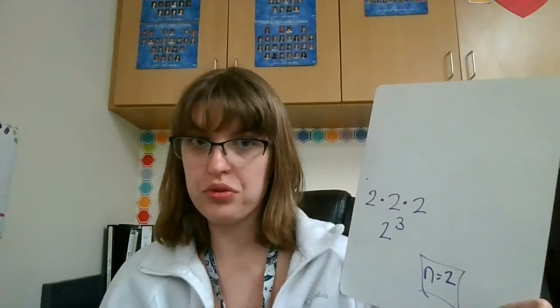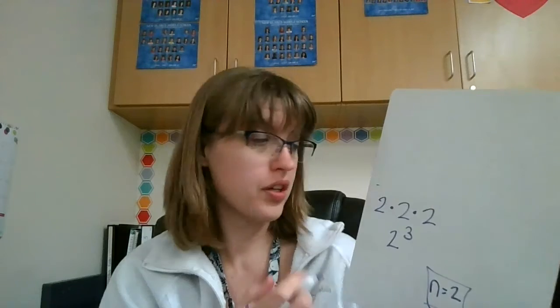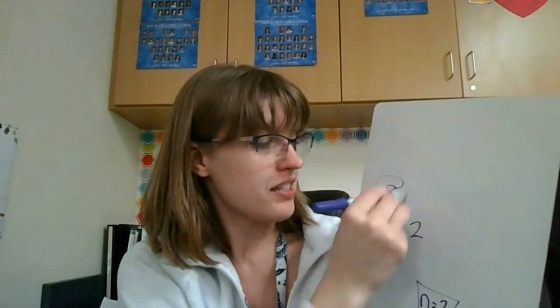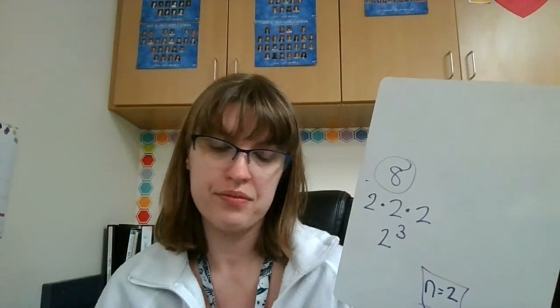That just means 2 times 2 times 2. 2 times 2 is 4, times 2 again is 8. So don't get weirded out if you see a letter that has an exponent on it. It's really no different than a number with an exponent on it. It just means you can't solve it right away until you get what the number equals.